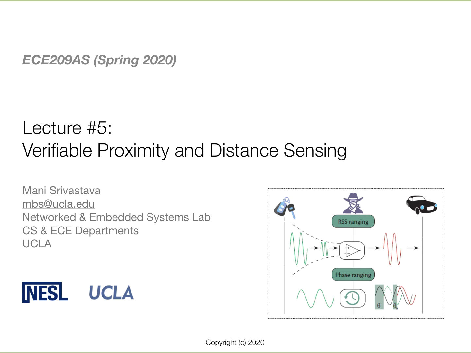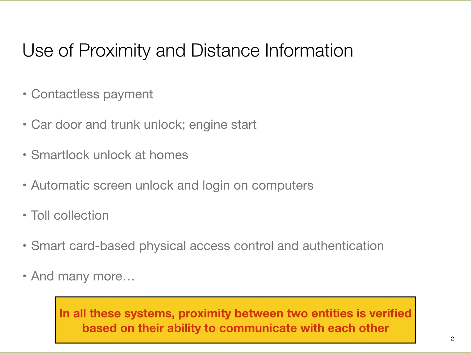We encountered it when I talked about attacks on cars, where cars open and are ready to go the moment they detect the key to be near them, and how a relay kind of attack can happen over them. So this relates to that, and in many other settings proximity and distance information gets used.